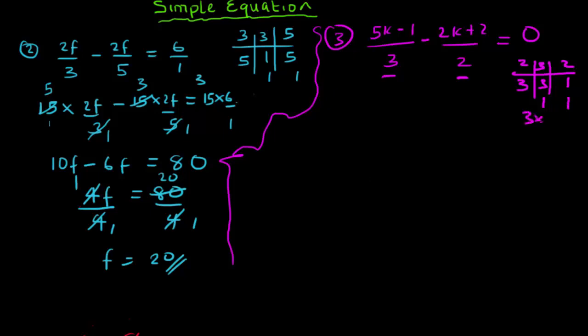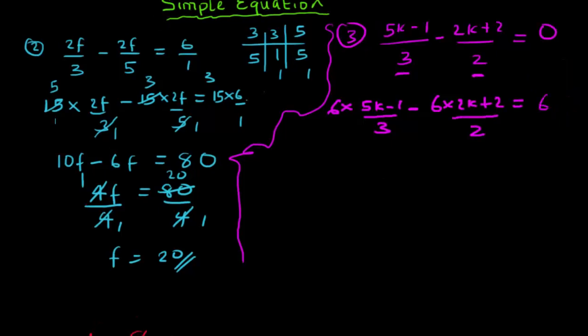So I have 3 times 2, which is 6. Next step, multiply through by the LCM. So I have 6 times 5k minus 1 over 3 minus 6 times 2k plus 2 over 2 equals 6 times 0.